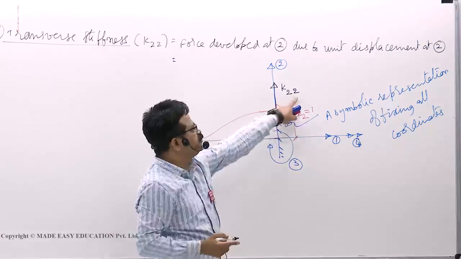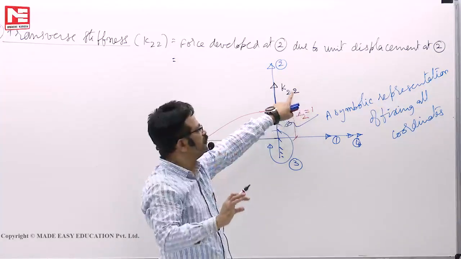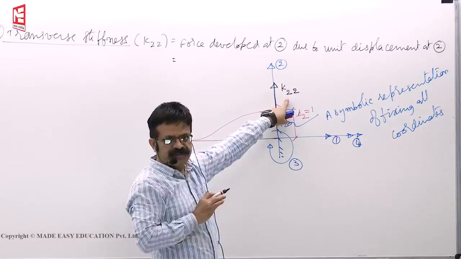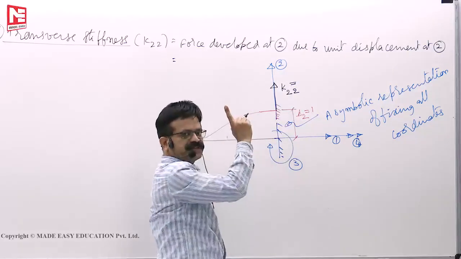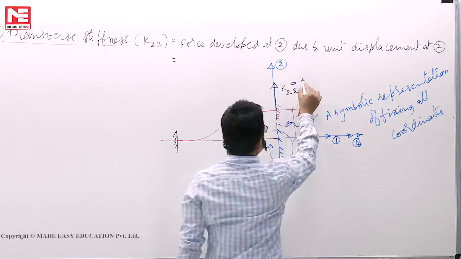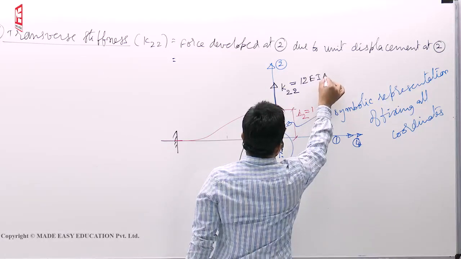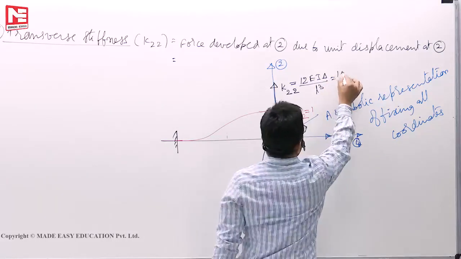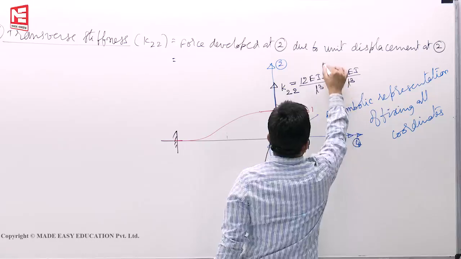Second subscript is where you are giving the displacement. First subscript is where you are finding the force. K22 from moment distribution concept is 12 EI delta by L cube. This is what I gave. Now delta is 1, so I can take it as 12 EI by L cube because delta is equal to 1 now.